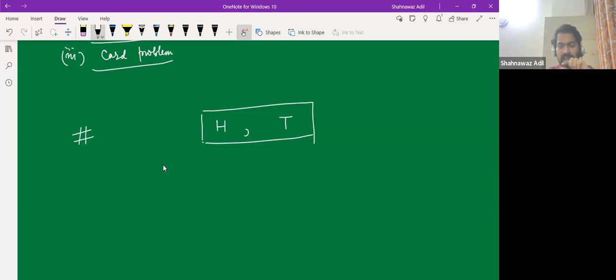But in our case, the coin is symmetrical, so it can give both results. So our coin, die and cards are unbiased. If the coin were biased to head only, we would get head every time.